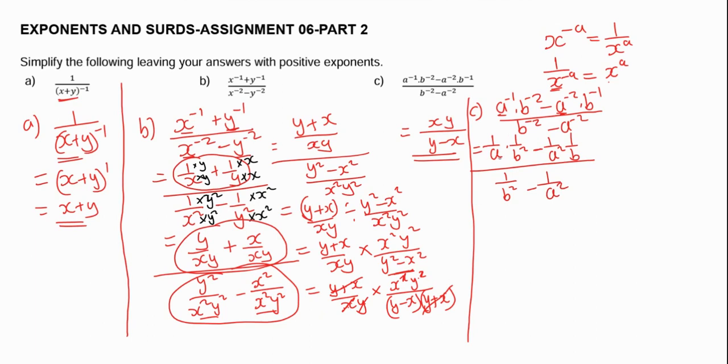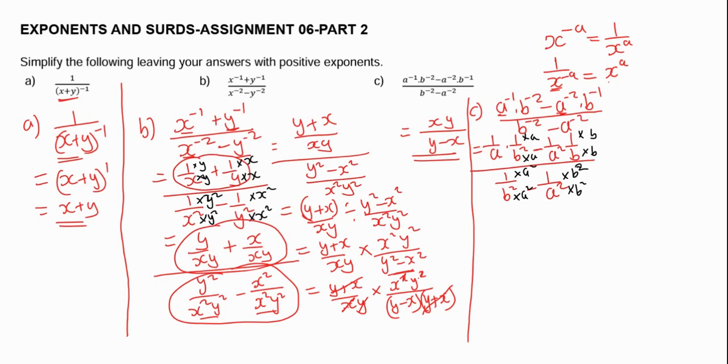The LCD is going to be a squared b squared. So we multiply this one by a, multiply by a. In this side we multiply by b, multiply by b. And then this one, the LCD is a squared b squared, multiply by a squared, multiply by a squared, multiply by b squared, multiply by b squared.